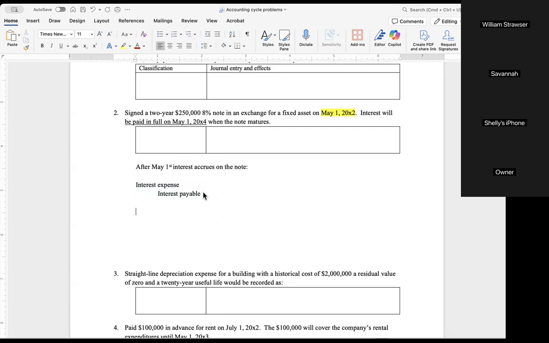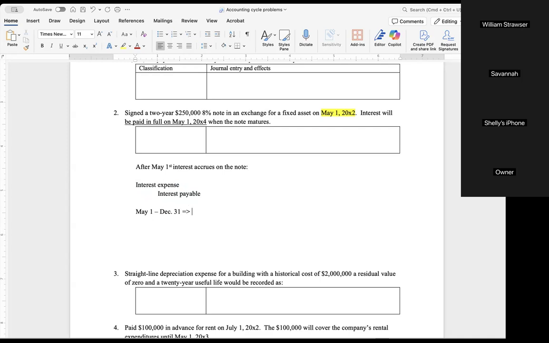So for the calculation, we have to figure that we have from May 1st to December 31st. On the exam, all of them are going to be December 31st year ends. There are some problems that do quarters and things like that, but on the exam, I just tell students, don't worry. It's always December 31st.